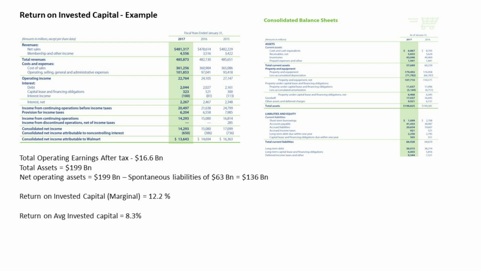And when you calculate the same return on average invested capital, which is $199 billion in 2017 and $199 billion again in 2016, so total average assets is $199 billion, if we calculate this way, we get the return on average invested capital of 8.3%. So there is a good difference between the marginal way and the regular average invested capital, but it is an investor's call on which way to take.